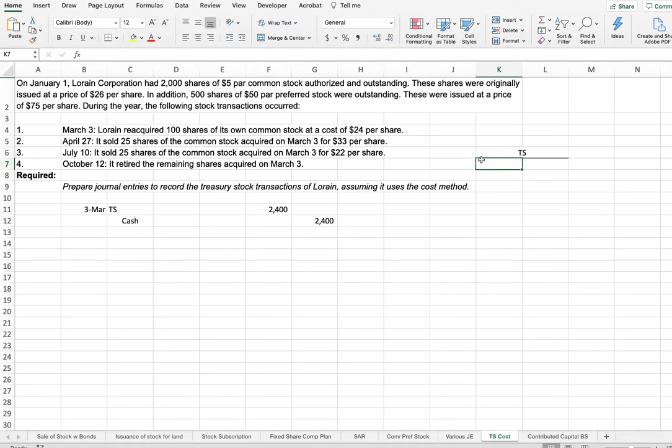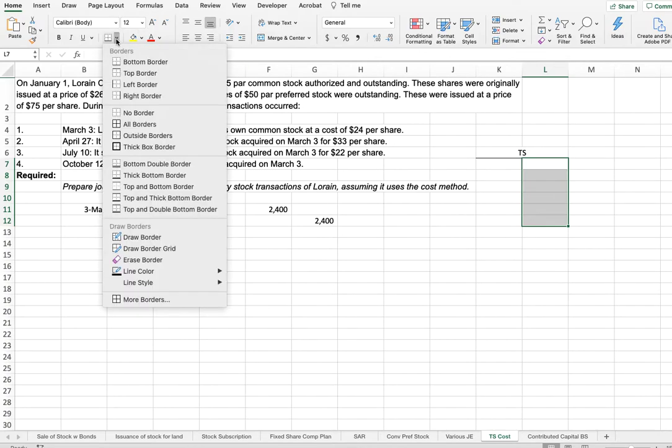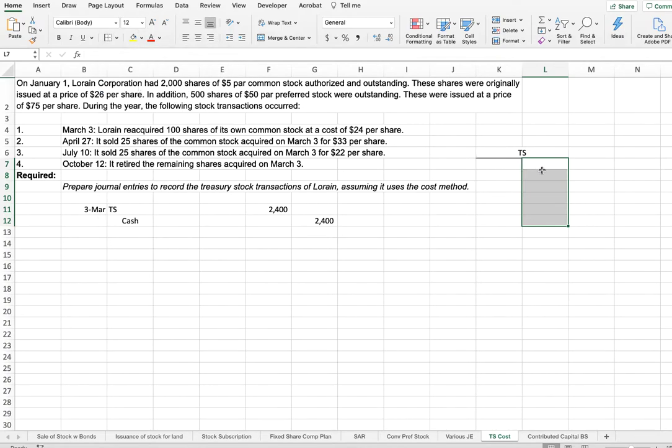In this problem it's short enough that you really don't have to have this, but it gets confusing in a bigger problem or a more real-life situation. So I'm going to put the 2400 here, but on the side I'm going to note 100 at 24.